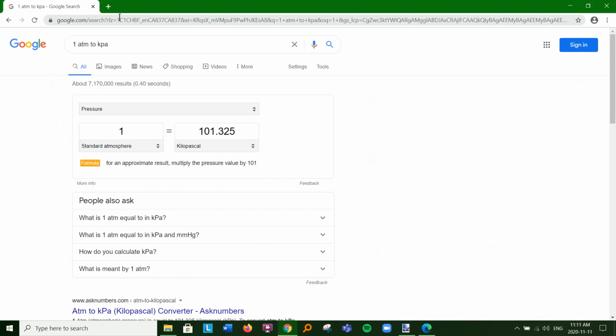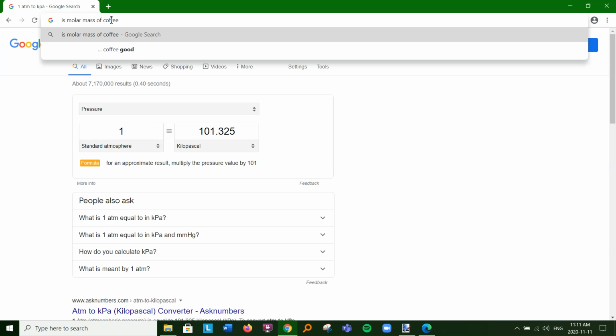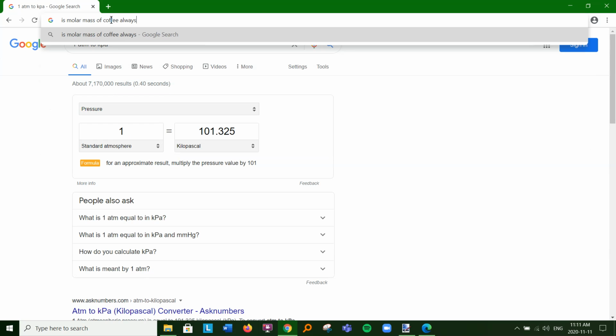molar mass of coffee, but this process is the same. Is molar mass of coffee always the same?